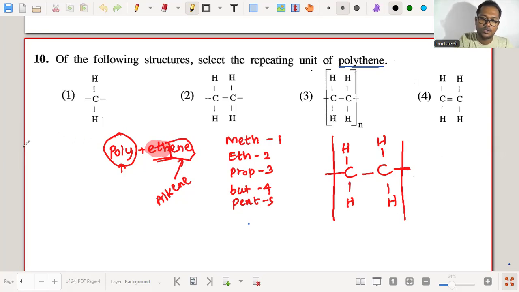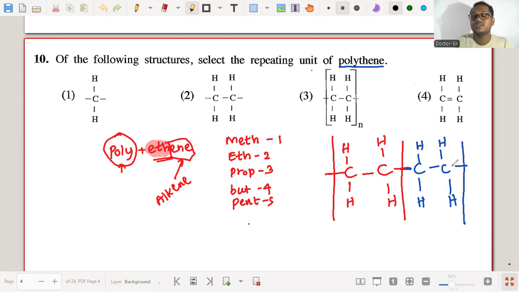So if I take another ethene with blue pen, this repeating unit comes and binds here. So here the red one is a repeating unit, then the blue one is another repeating unit.